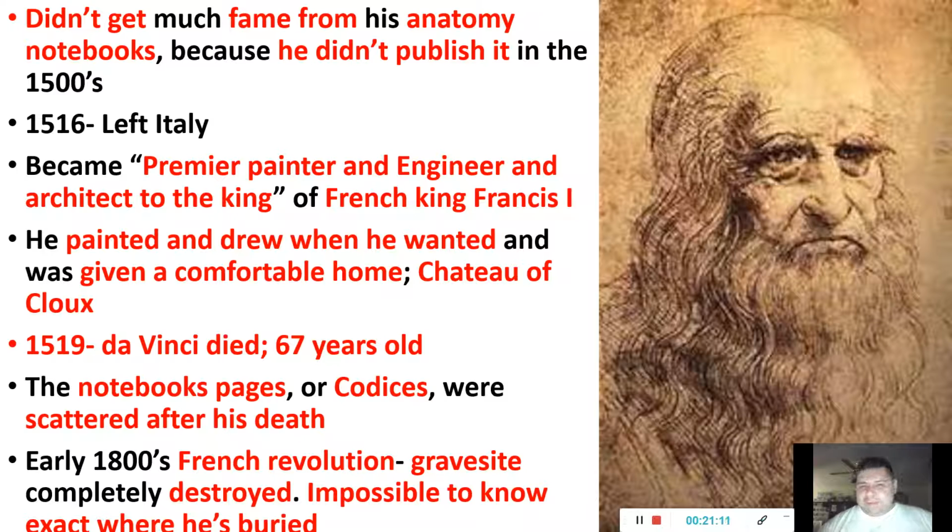But here's where the sad part comes in. His notebook, the thing I told you that had all his pictures, his notes, his designs, pages were ripped out. That book was called his codexes. They were ripped out, and people would sell them. Like, oh, you have a page. Buy this page from Da Vinci's notebook.